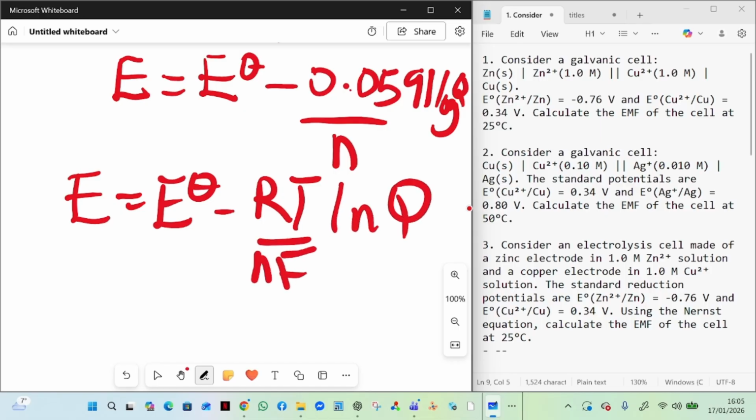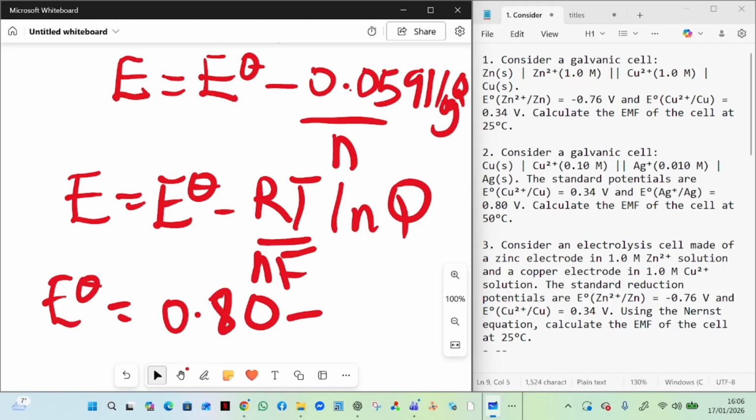E naught will be equal to, again, the copper is at the oxidation half, it's at the left. So we have to do the reduction half minus the oxidation half, or the right side minus the left side. So the right side is silver, which is 0.80, minus the left side, which is copper, 0.34 volts.